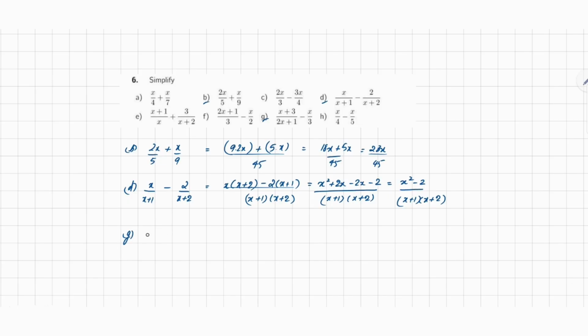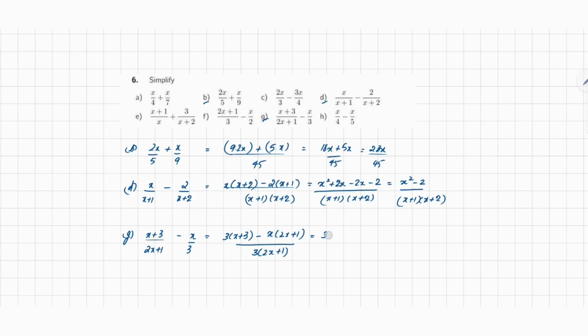Next, question G, we have (x plus 3) over (2x plus 1) minus x over 3. Again, we find a common denominator by cross multiplication. We have 3 times (x plus 3) minus x times (2x plus 1) over 3 times (2x plus 1).